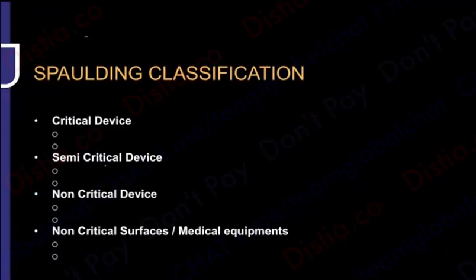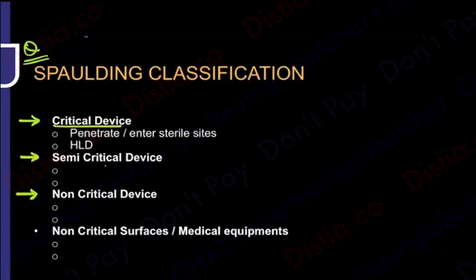Okay, now we come to the next thing, and that is known as the Spalding classification, something again which was formulated I think many decades ago but is still coming in MCQs. They say that we have divided devices into 3 types. Critical device is what? Critical device is the one that will go inside our body, like some catheters or some endoscopes or bronchoscope, something that is penetrating into the body in some way, or some machine. That is said to be a critical device.